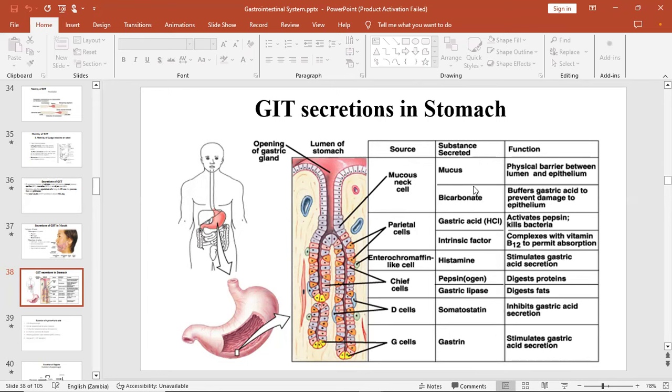All right. Now, as you continue, you're going to see that you have what we call bicarbonate. The bicarbonate acts as a buffer, and this buffer prevents gastric acids from causing damage. You know what a buffer is? A buffer is a substance that resists change. In this case, it resists change to pH.